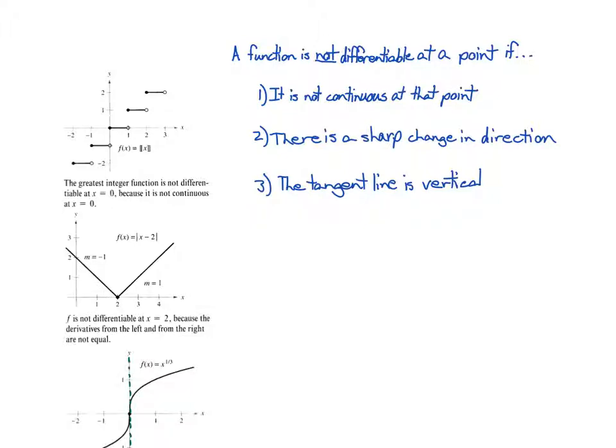Basically what you would do with a piecewise function is take the derivative of both parts and make sure they are equal at that point. If one was a half and one was 2/3, then there's a point there. It may not be as obvious as that one is, but there's a sharp change in direction.